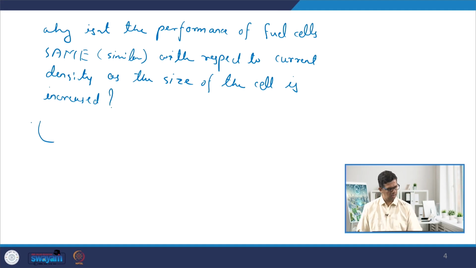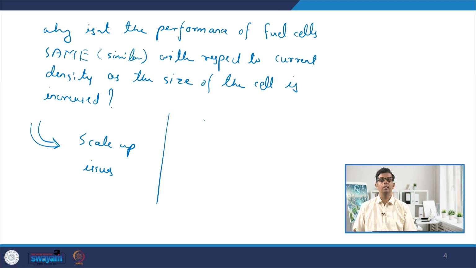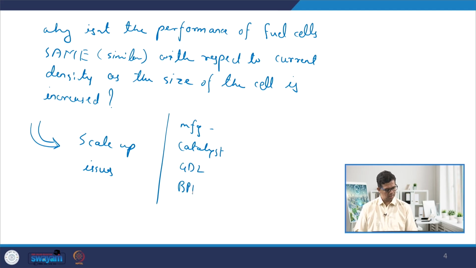This is what the scale up issues are all about. Despite keeping everything else constant, such as the manufacturing of the bipolar plates, the design of the flow field channel, the catalyst, even the GDL, and even if the clamping pressure is the same or similar, we still have these differences in performance, which are attributed to the scale up issues.